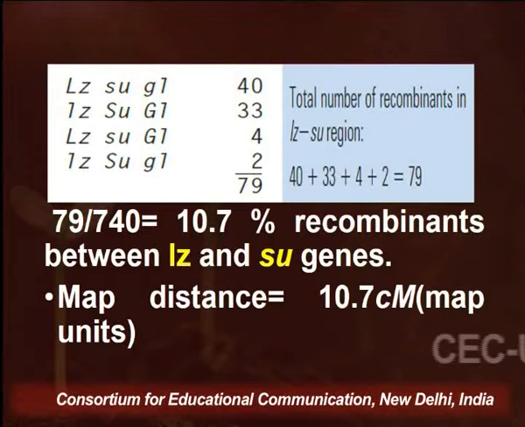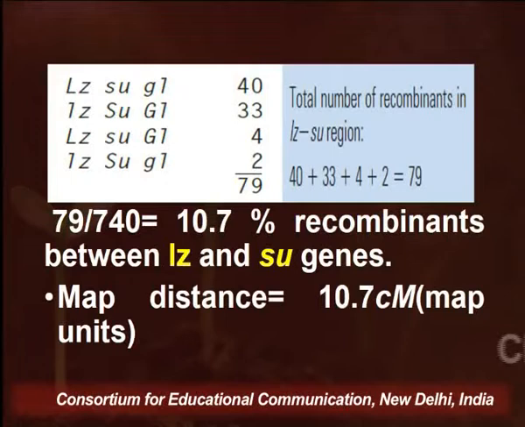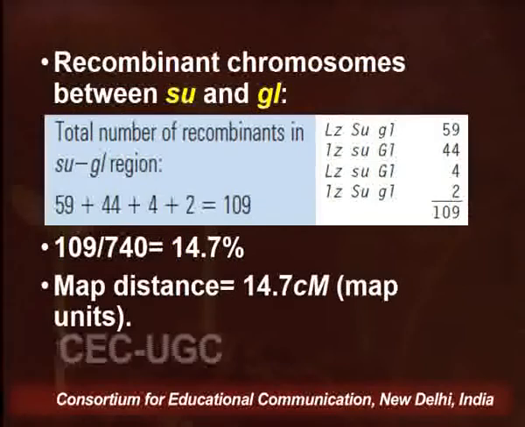So if the figure is 10.7%, it is obvious that the map distance between LZ, the lazy, and SU, the sugary endosperm, is 10.7 centimorgans or 10.7 map units.